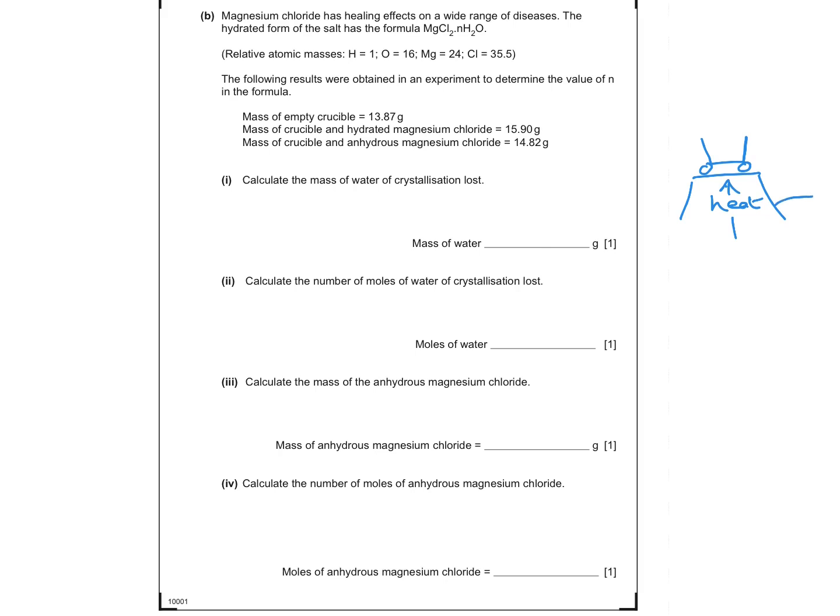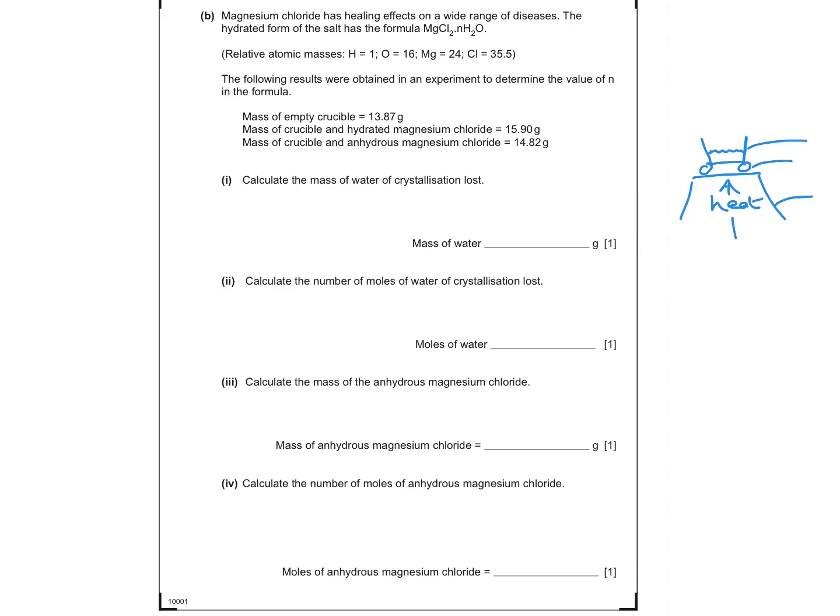We don't use a wire gauze this time because we're going to use a pipe clay triangle, and this is our crucible. And then the magnesium chloride will be in there, the hydrated magnesium chloride. Again, if you're ever asked to draw a diagram, you make sure you label it.